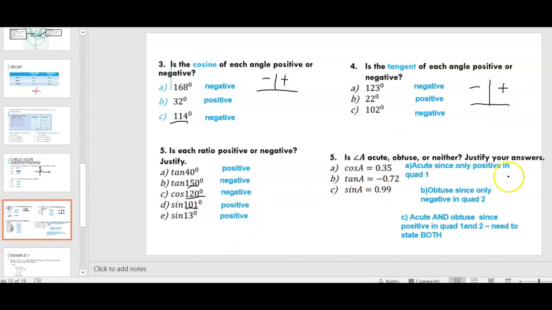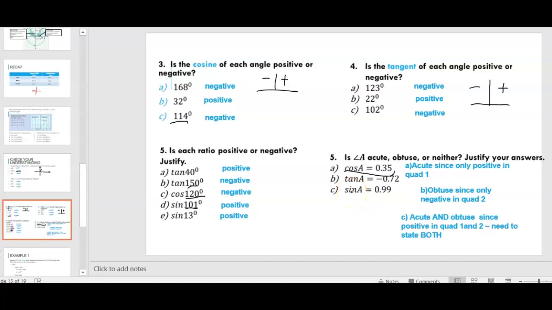All right, now in example 5, we have the ratio of a given angle, the value of a specific primary trigonometric ratio, and we have to conclude if the angle of that ratio is obtuse, acute, or neither.